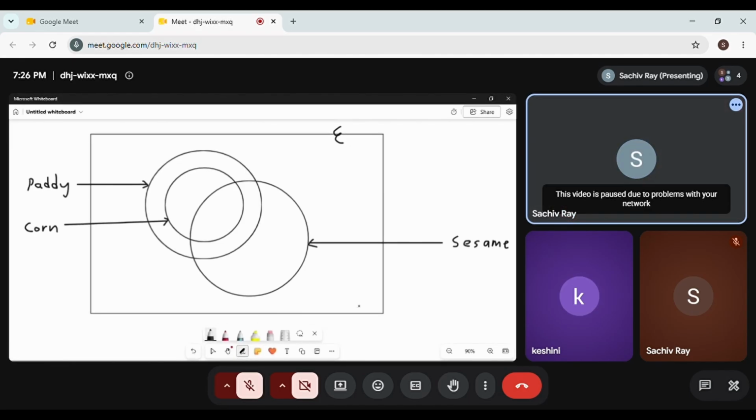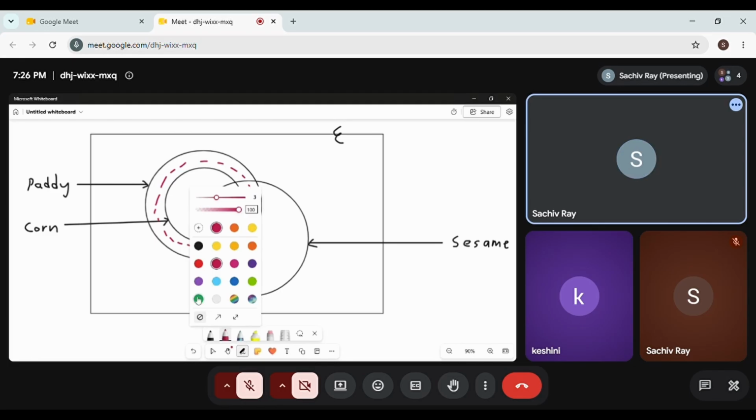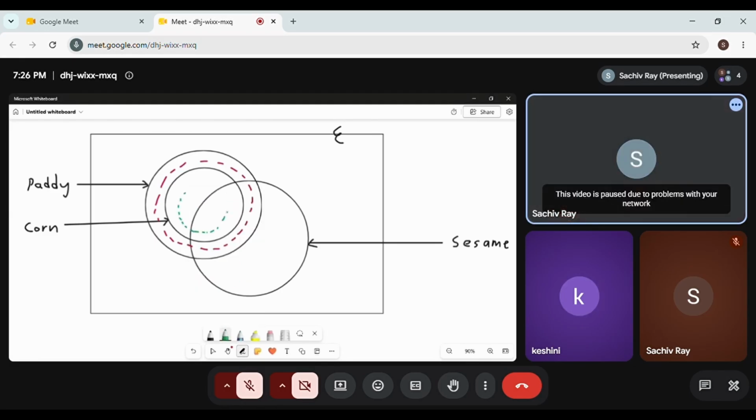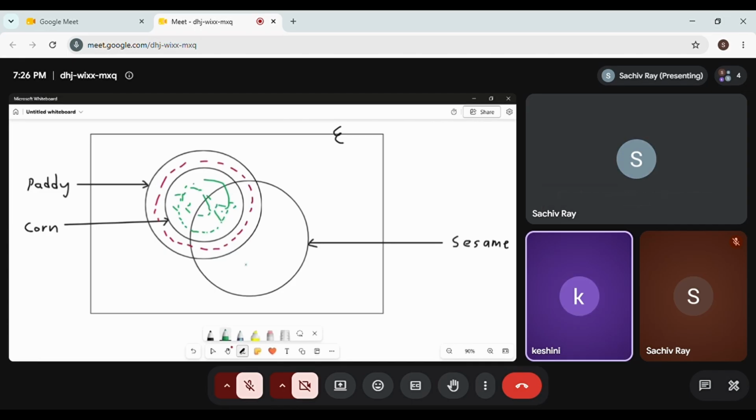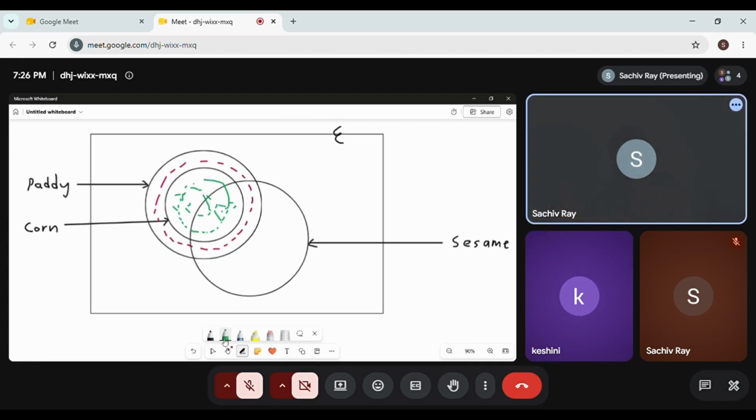I'll color them for reference. So I'll take pink and I'll take green. And then I will take orange.